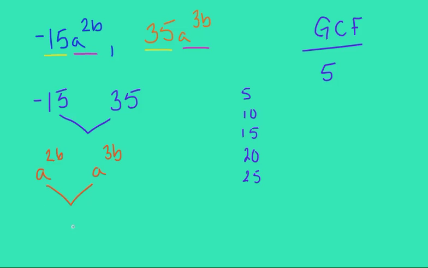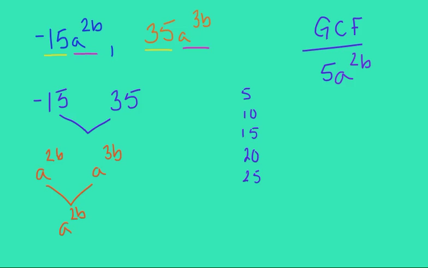So our greatest common factor is 5a to the 2b power. And that's exactly what you would want to do. So 5a to the 2b can go into here, and 5a to the 2b can go into here.